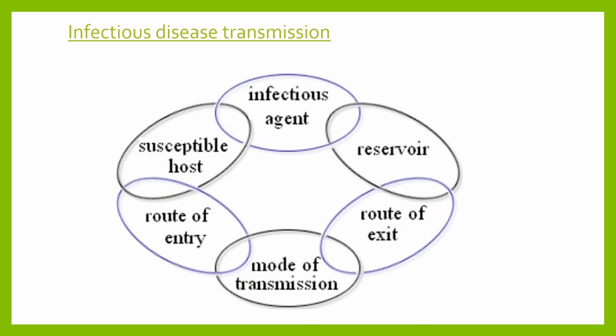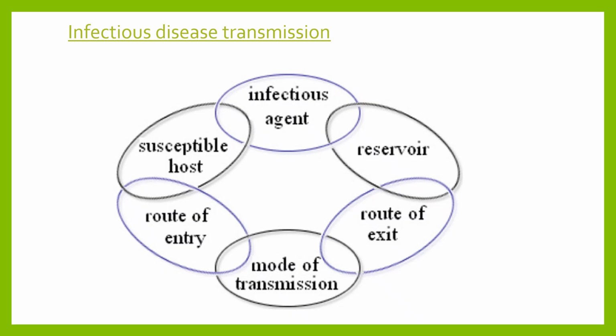The infectious agent is the germ, like a virus, bacterium, fungus, or parasite that causes the illness. The reservoir is the place where the germ lives, grows, and multiplies, such as a human, animal, or surface. The portal of exit is how the germs leave the reservoir, such as through the nose, sneezing, or cuts.